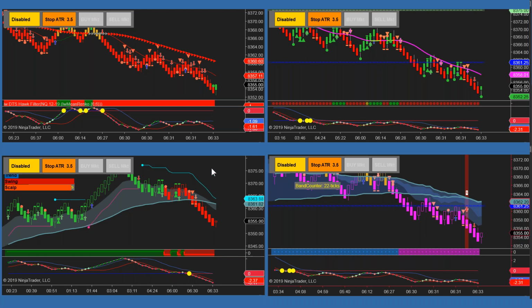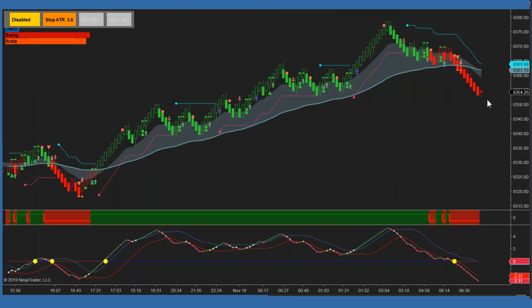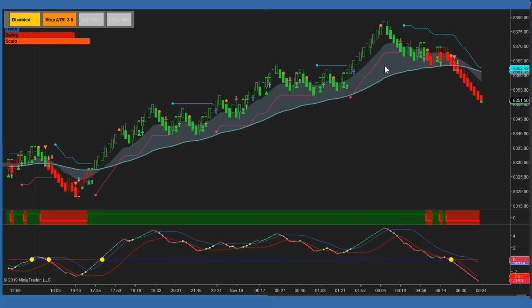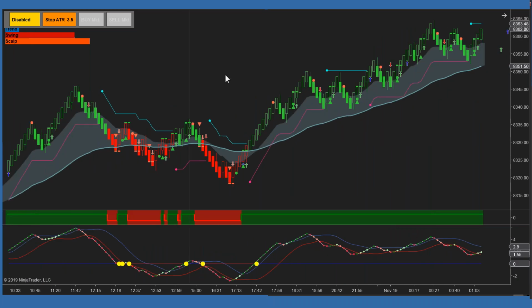Looks like we're starting the day with a little bit of a move to the downside. The overnight and the Asian sessions, both quite bullish. We might have opened with a slight gap, but it looks like we've more or less filled that.